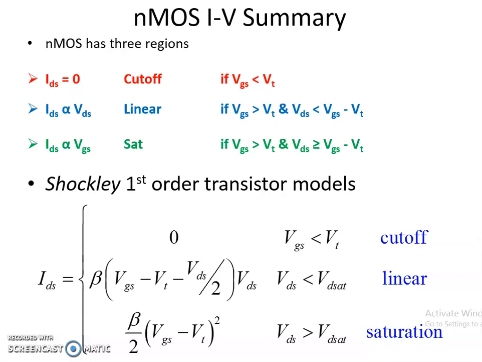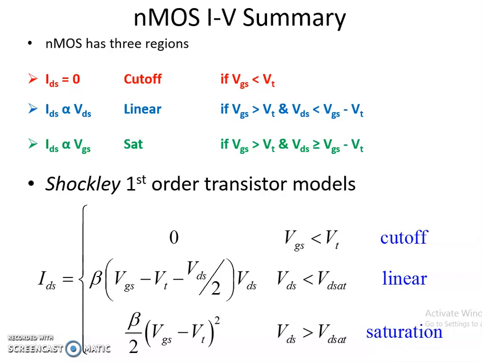If VGS is greater than VT and VDS is less than VGS minus VT, then the linear region of the NMOS transistor occurs, and in that, the output current IDS is proportional to VDS. If VGS is greater than VT and VDS is also greater than VGS minus VT, then the transistor will be in saturation and the output current is proportional to VGS.